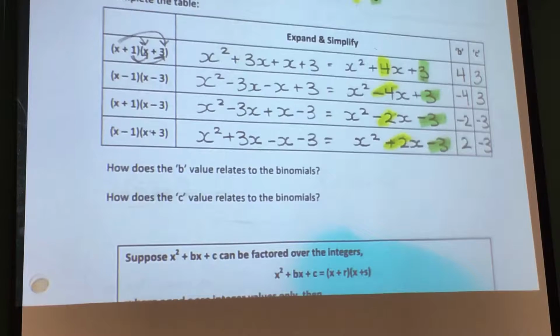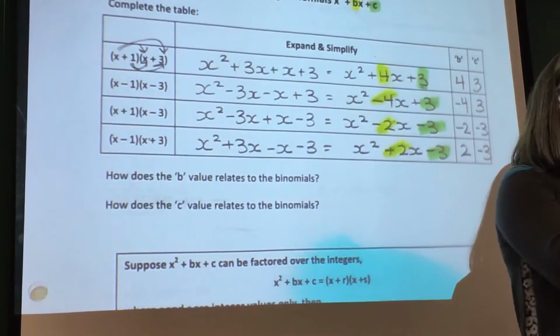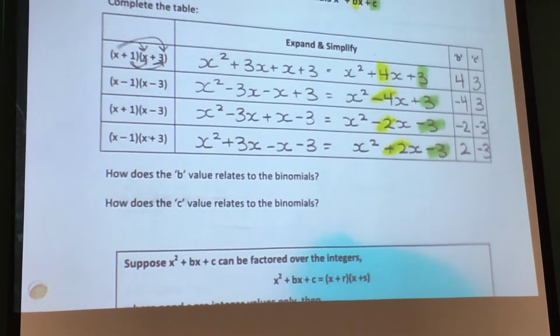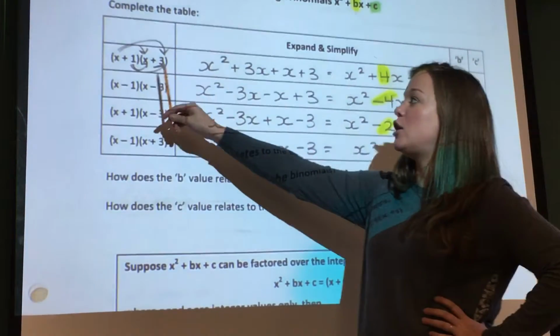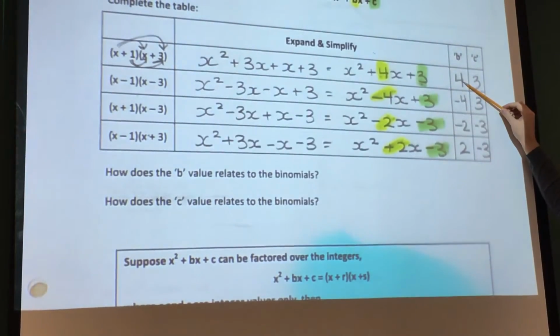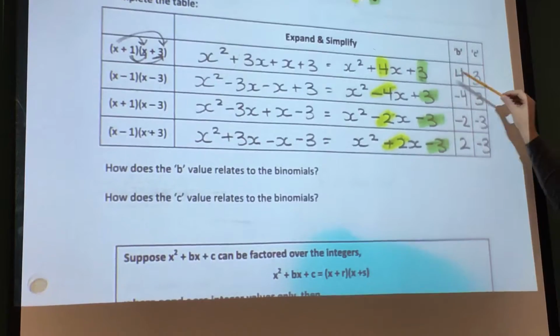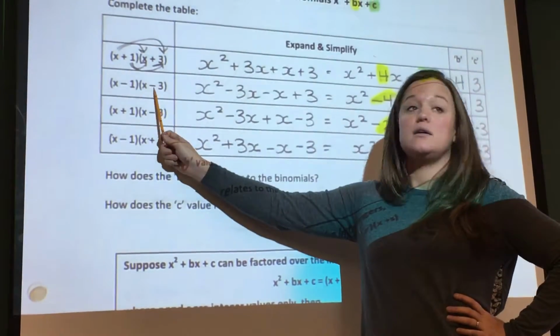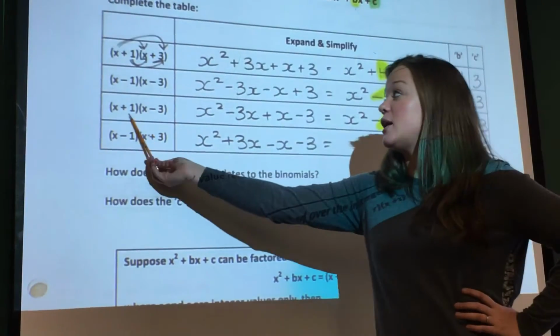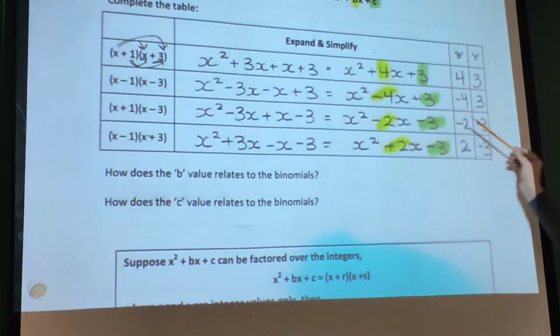The variables? No, the numbers, right? Okay? So actually not even the coefficients in this case. The coefficient is a number before the variable, right? But yes, the numbers, okay? Look, +1 + 3 gives you 4. -1 and -3 gives you -4. +1 and -3 gives you -2.